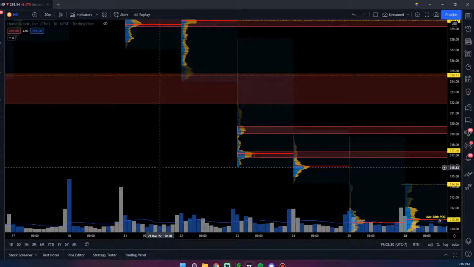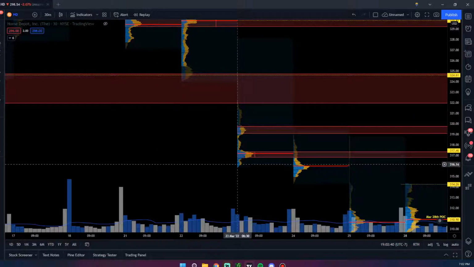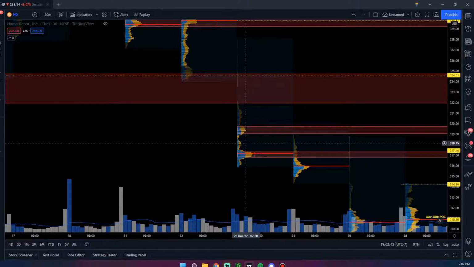The way that I really like to look at volume shelves is like rungs on a ladder or steps on a stairs. You can go from one step to the next, or from a step up to down. But if there's no step, you can't stay there.